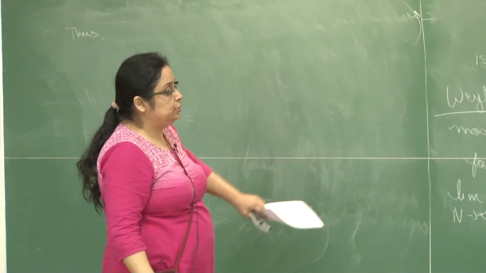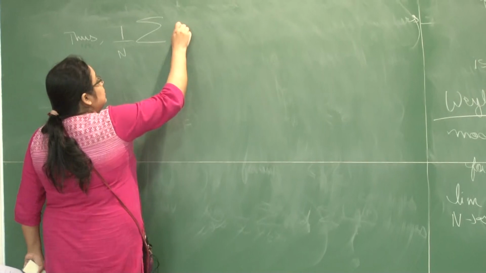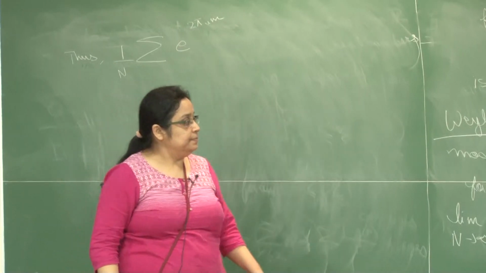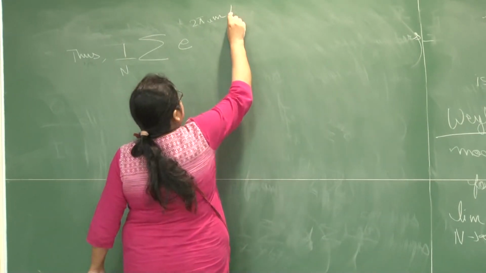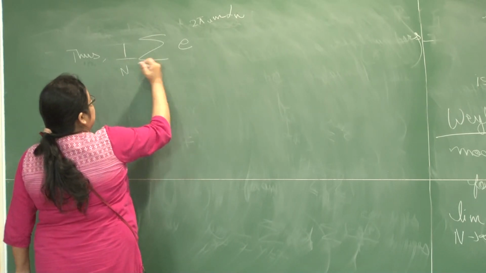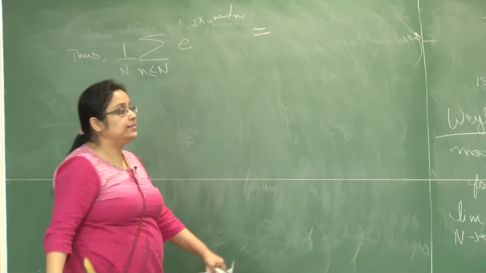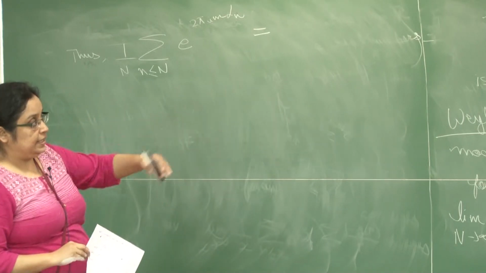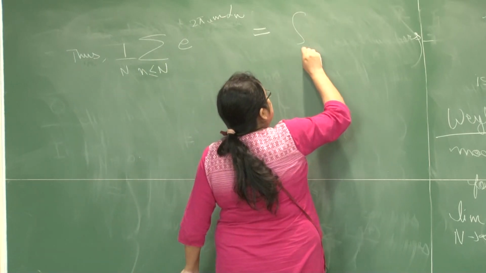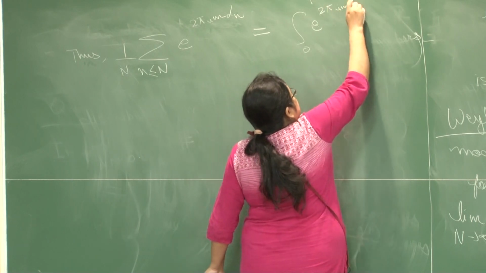By taking t to be equal to 2 pi m, what you have is that 1 by N summation e raised to the 2 pi i m alpha sub n, by Levy's continuity theorem, if the sequence is uniformly distributed mod 1, is equal to the integral from 0 to 1 of e raised to the 2 pi i m t dt.